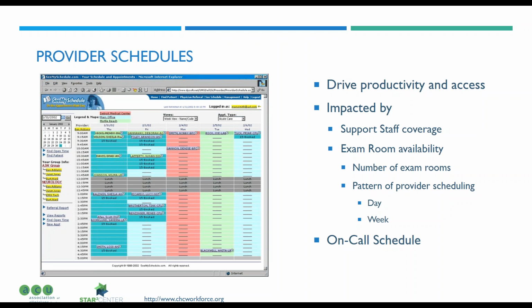One thing I haven't noted here, but I found in a number of practice assessments that I've done at health centers, is it can also be impacted by providers, again, protecting their schedules or eroding their schedules. So starting a little bit later, ending a little earlier, or lunchtime getting moved a little bit. But also the protection piece by providers saying you can't book anything in these certain hours can impact productivity and access. So it's important to be looking at all of those things.